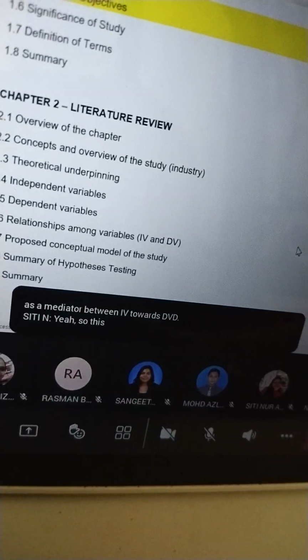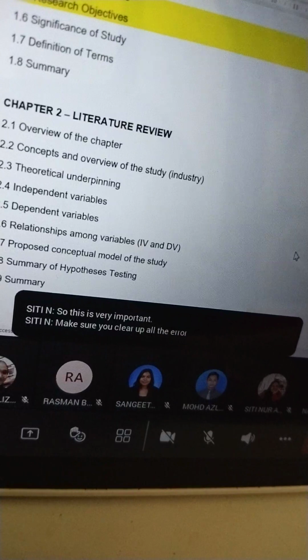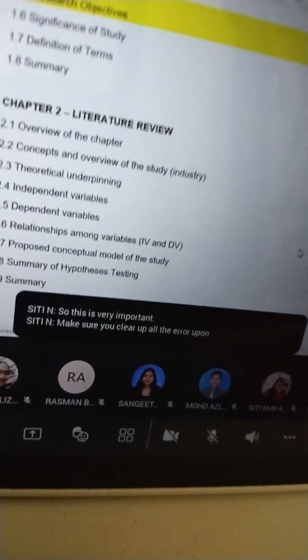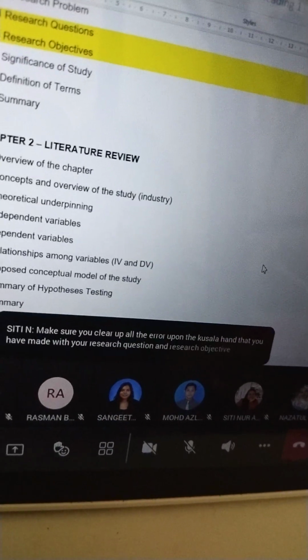So this is very important. Make sure you clear up all the errors that you have made with your research question and research objective.